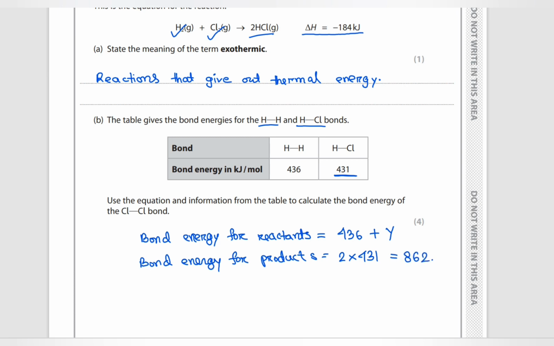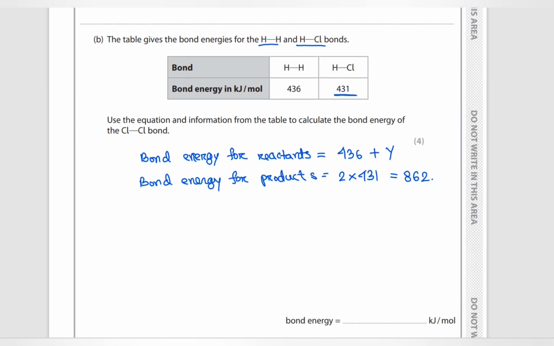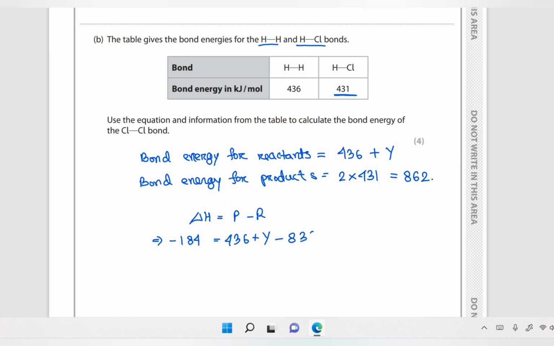Now the equation for enthalpy change: delta H equals reactants minus products. Delta H is minus 184. Reactants are 436 plus Y, and products are 862.